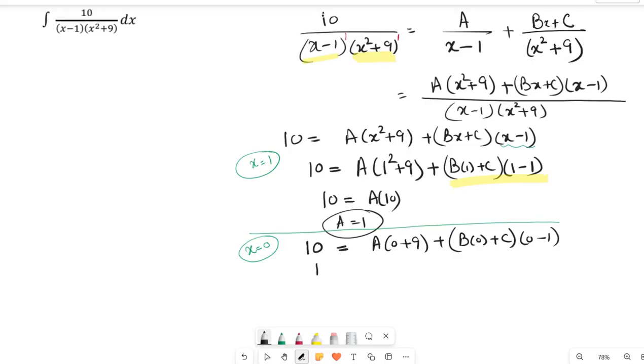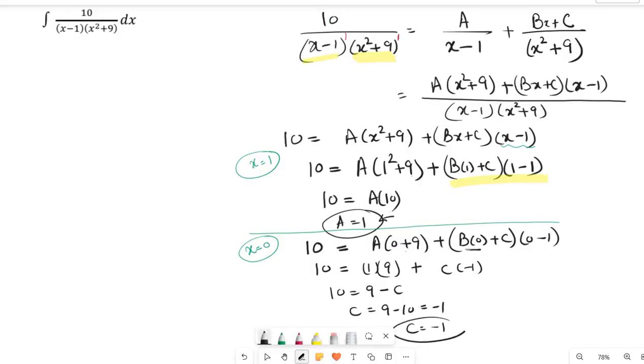So what do we have? 10 is equal to, I can put a as 1 now, 1 times 9 plus b times 0 is 0, so c times negative 1. So basically we have 10 equal to 9 minus c. C would be equal to 9 minus 10, negative 1. So c is negative 1.